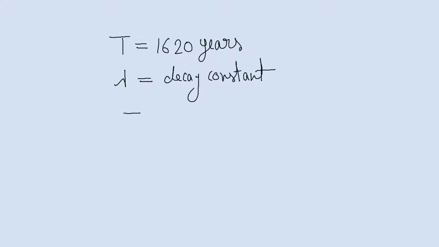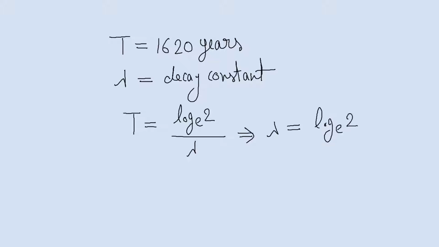We know that T is equal to log base e 2 divided by lambda. So from here, lambda will be equal to log base e 2 divided by capital T.